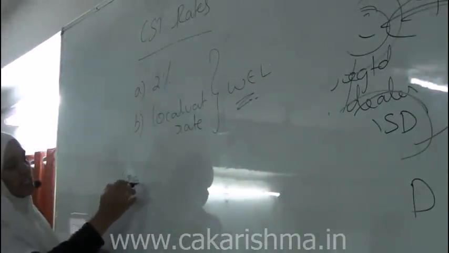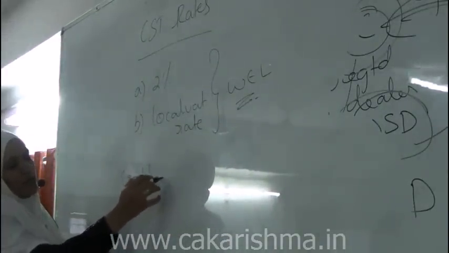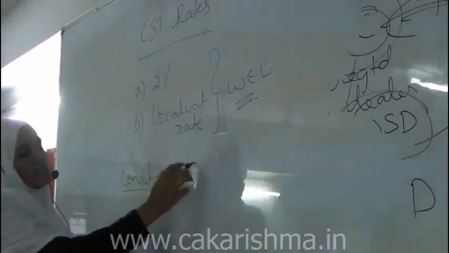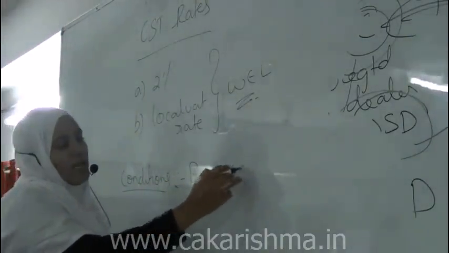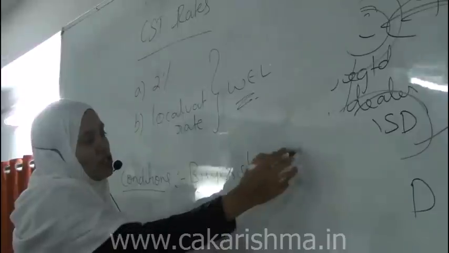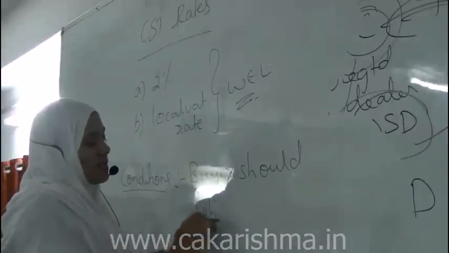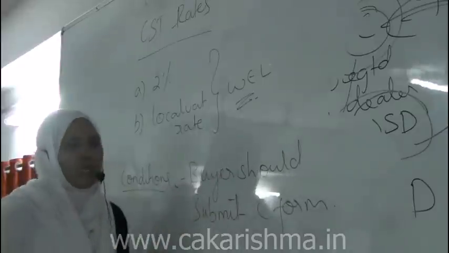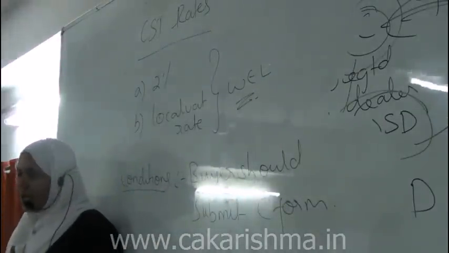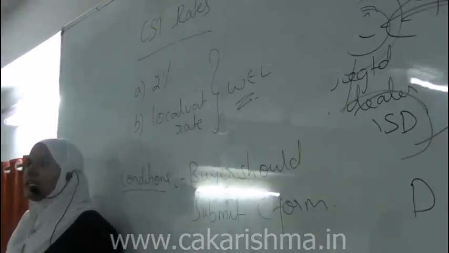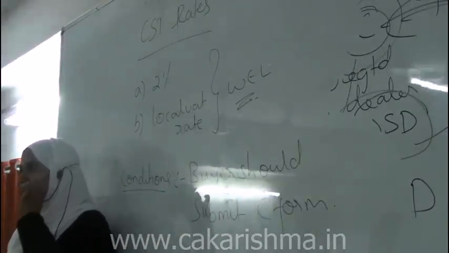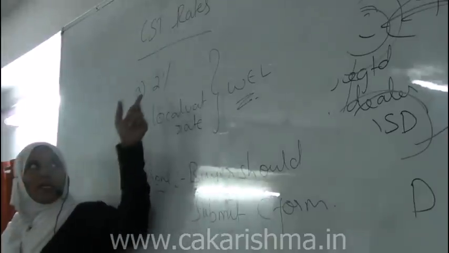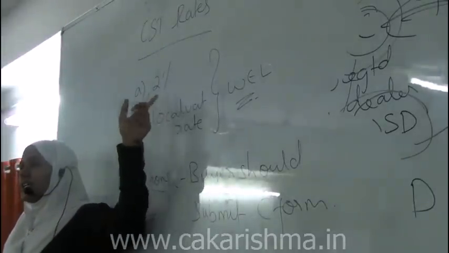For this, the conditions are: the buyer should submit C form. Very interesting it is. So what are we saying? The seller should apply the following rate. What rate is this? CST rate 2%.